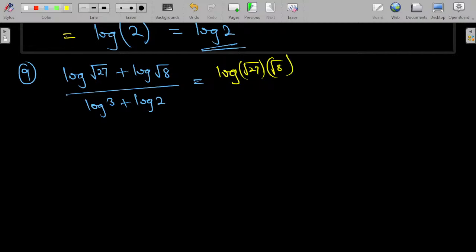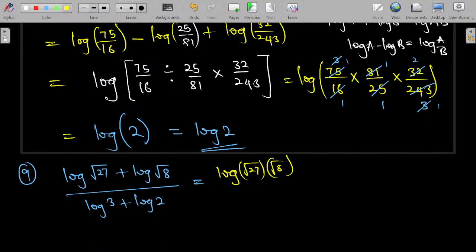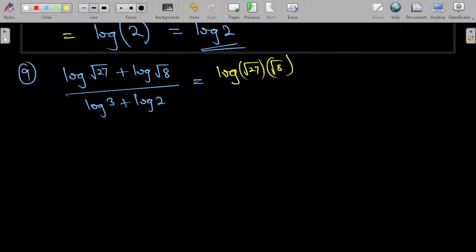Are you sure that is correct? Beautiful. And that is all over the log of 3 times 2, which is 6. Now we are going to apply the surd rule. And what is the surd rule?